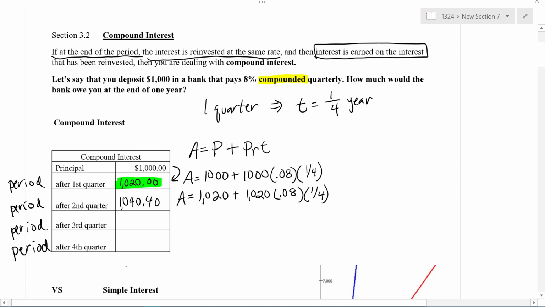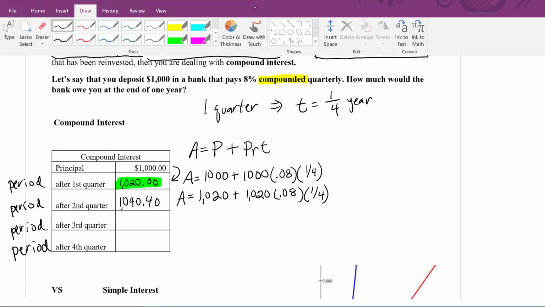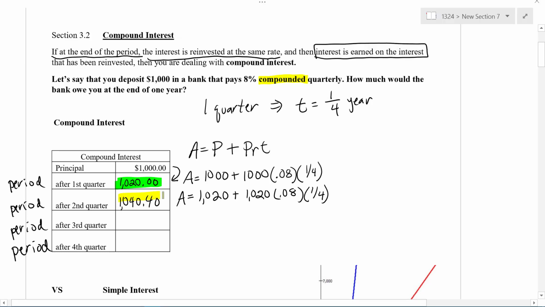Now for the third quarter, we're going to do the same thing. The amount that was sitting in the bank at the end of the second quarter now becomes the new principal. So now the investment for that third quarter is $1,040.40. Now we get to earn interest not only on the original principal, but on the interest, that $40.40 that we've accumulated.